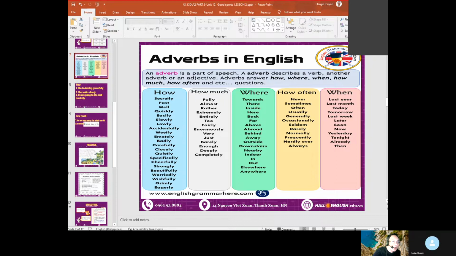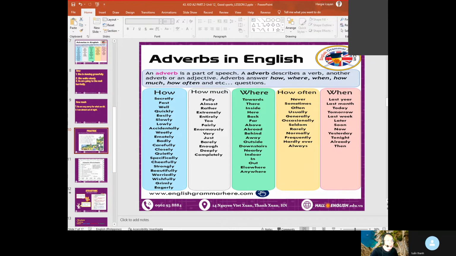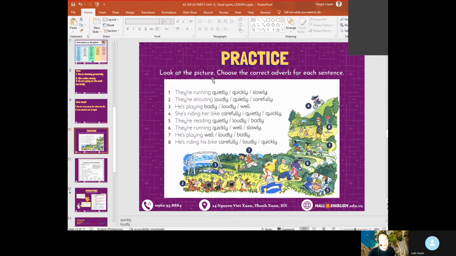Okay? Let's try to do this, V. Look at the picture. Choose the correct adverb for each sentence. So we have pictures in here, right? Can you read sentence number one, B? Okay, look at picture number one.